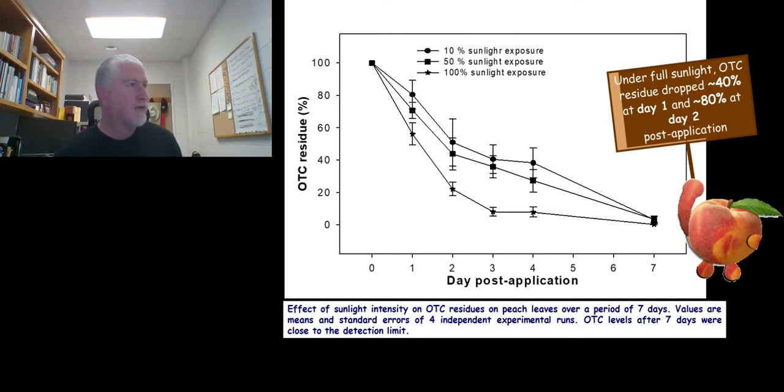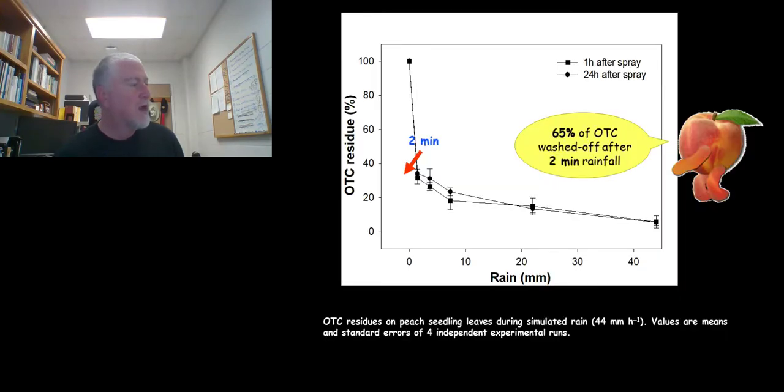Again, this reiterates that under full sunlight, you're going to drop your residue by about 40% at day 1 and 80% at day 2 post-application. Some of the fruit would be covered by leaves and wouldn't be in full sunlight, but it all drops. When you look at rainfall, oxytetracycline does not go into the fruit or the leaf at all.